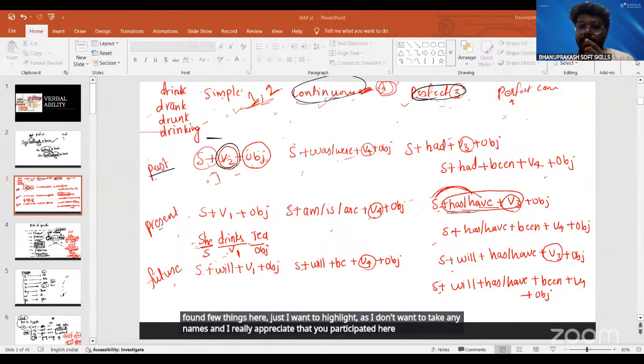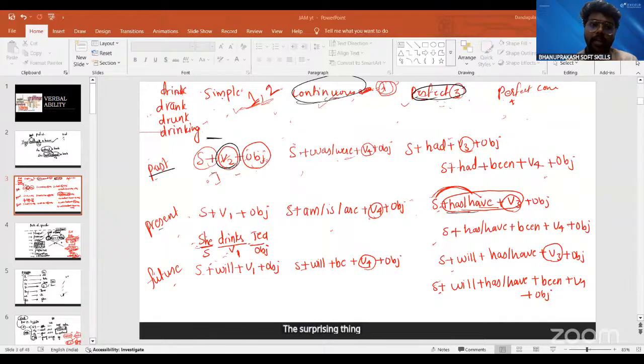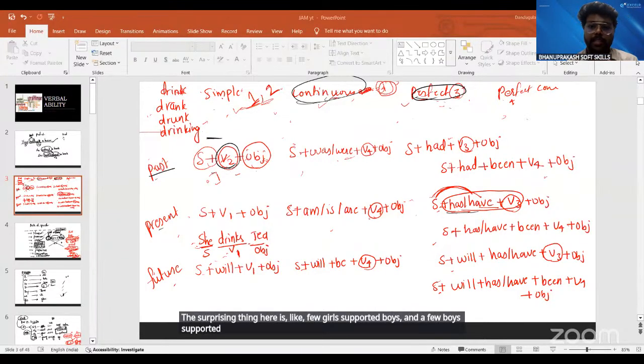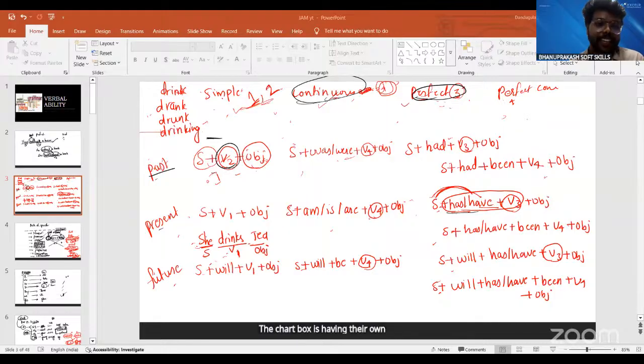The surprising thing here is that a few girls supported boys and a few boys supported girls, and the chat box was having its own debate as well. I found a few mistakes, not abusive words, but the helping verbs and verb forms that we discussed in this class.